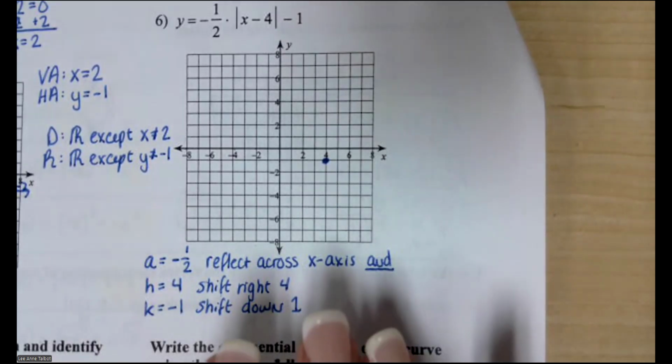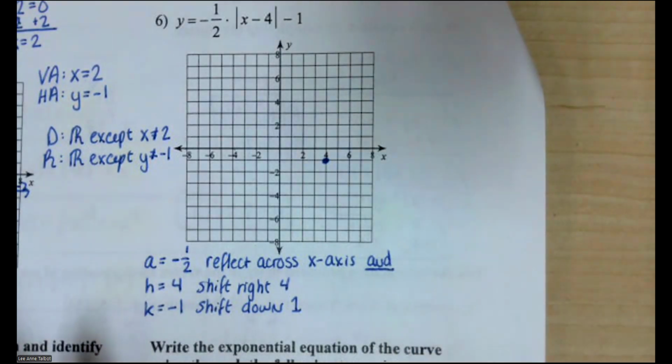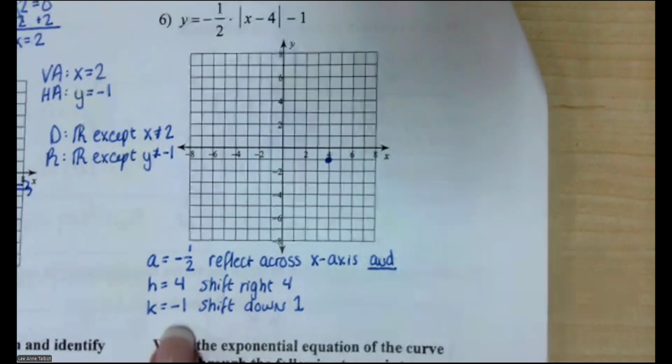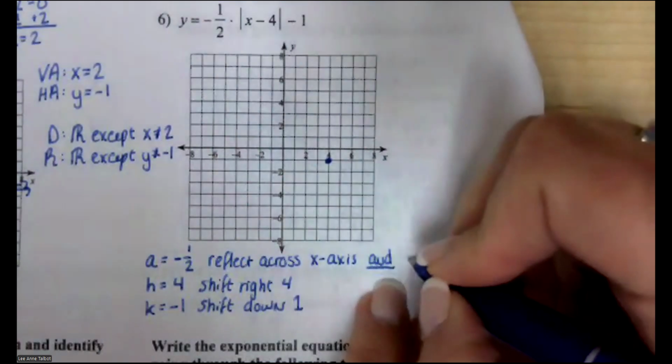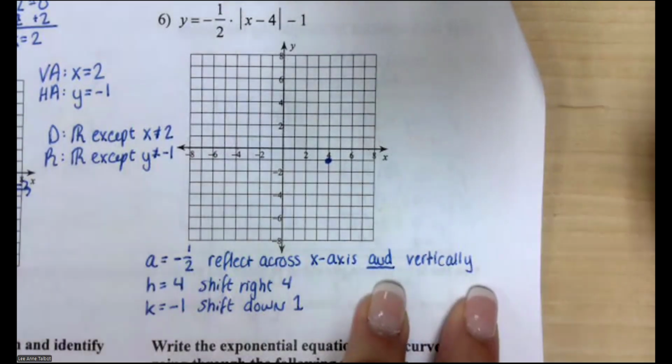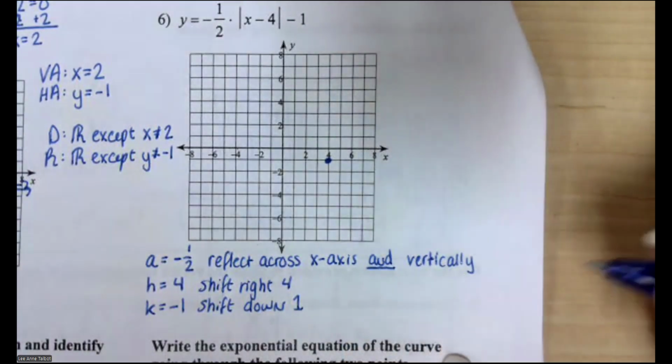The reflect across x-axis is only for the negative. You don't have to say it if it's not negative. Okay, what do we say if it's a fraction? Yep. It's actually vertically compressed by a factor of 2.